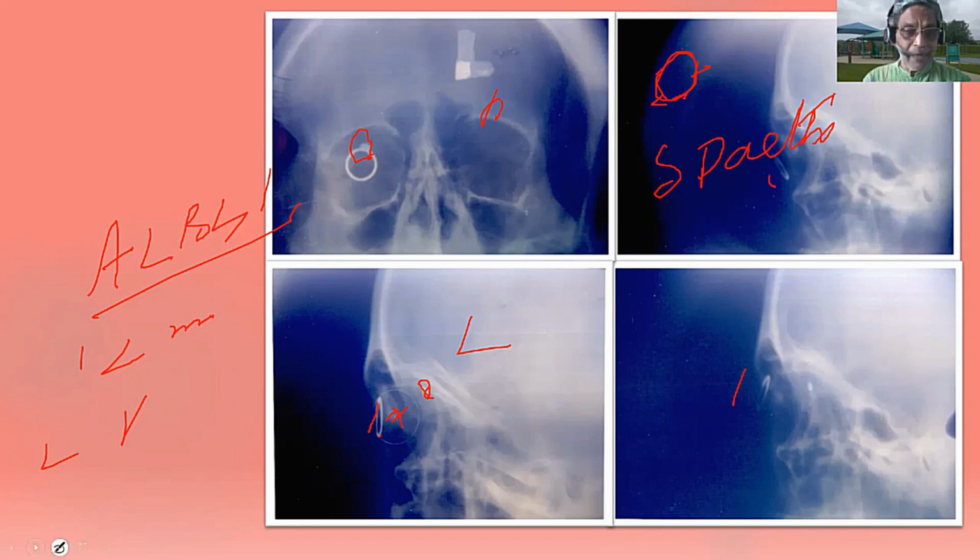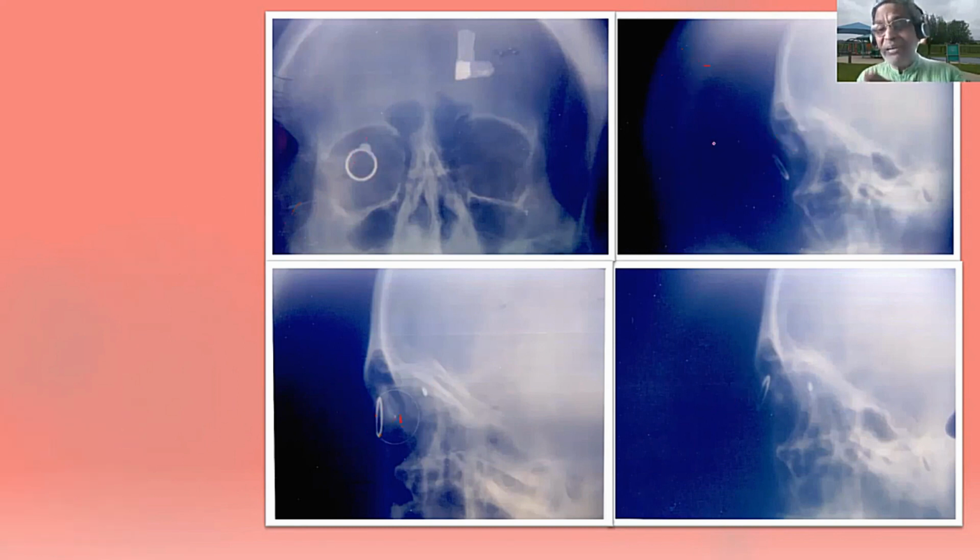To overcome that, what will I do? I will take the X-ray again, the lateral view, looking down and looking up. You ask the patient to look down and take an X-ray. You ask the patient to look up and take an X-ray. Now the foreign body inside the eyeball will move along with the movement of the eyeball, whereas the foreign body outside the eyeball will not move.